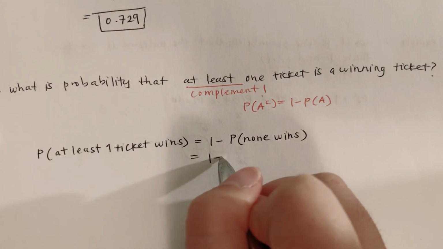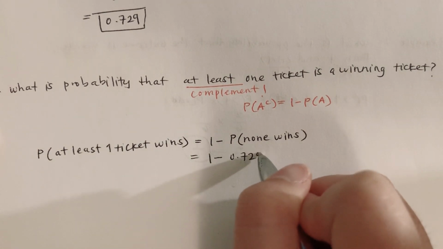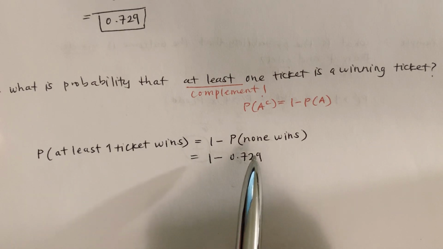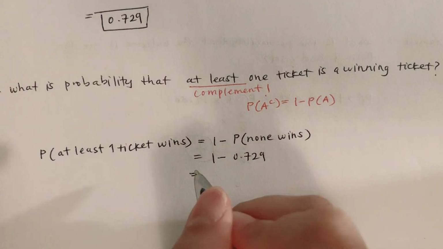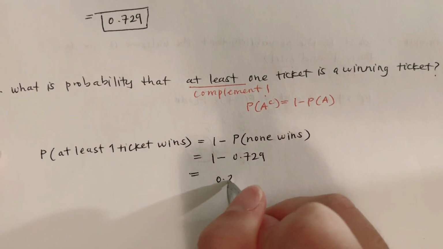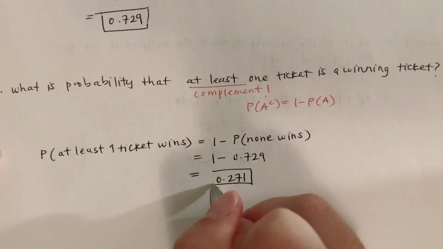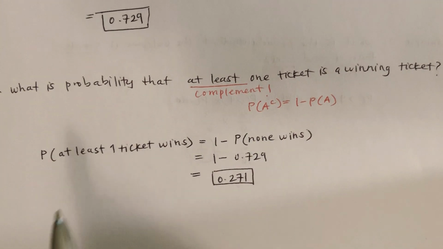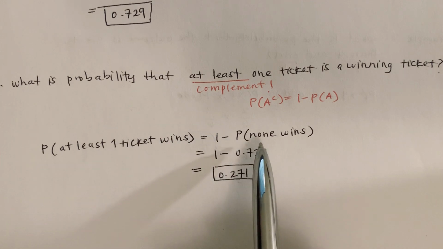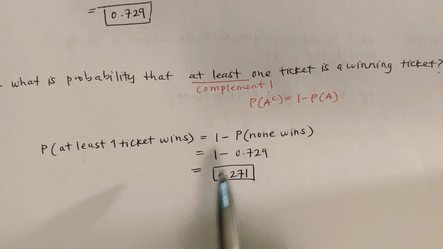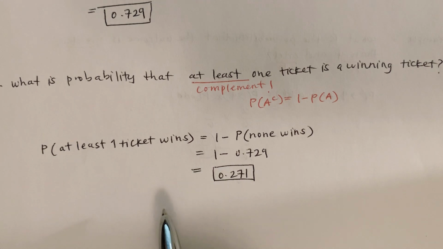Which is 1 minus 0.729. The 0.729 is what we get from number 2. And our final answer should be 0.271. So the probability that at least 1 ticket wins is 1 minus the probability that none of them win, which is going to give us 0.271.